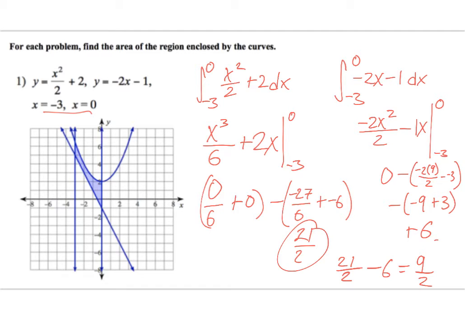Just to verify that on Desmos, again, I'm going to type in that same thing, going from negative 3 to 0, and we're going to do x squared over 2 plus, I have to make sure I don't mess up my fractions, plus 2.